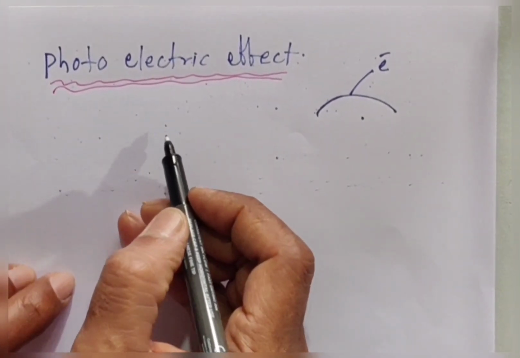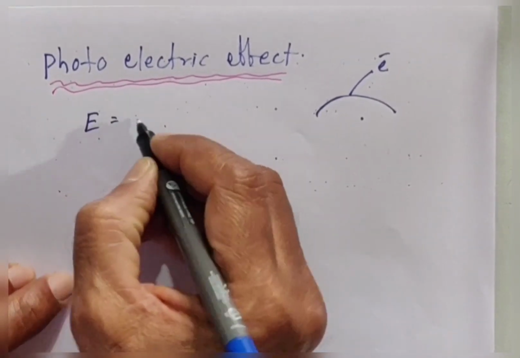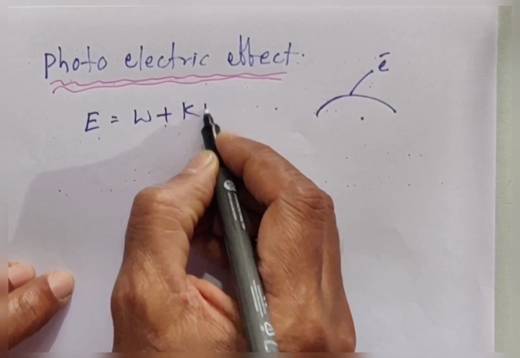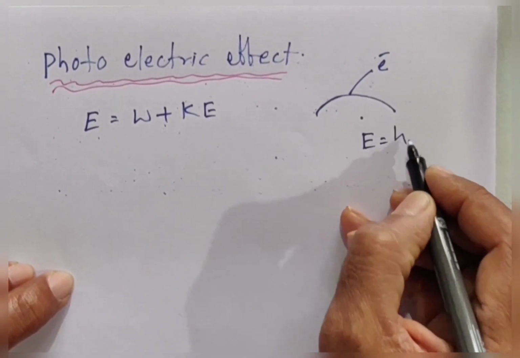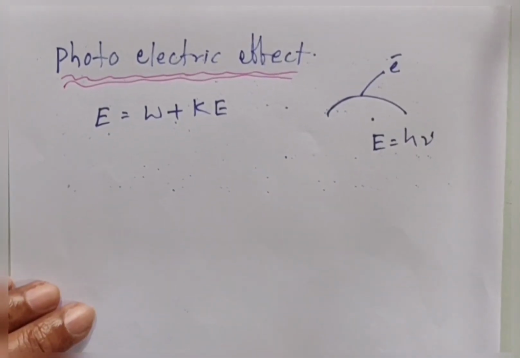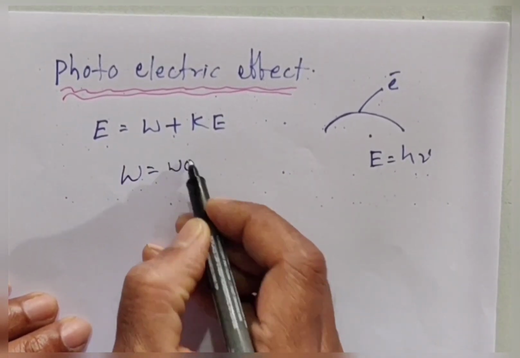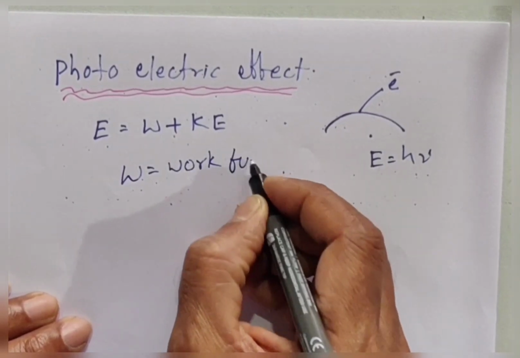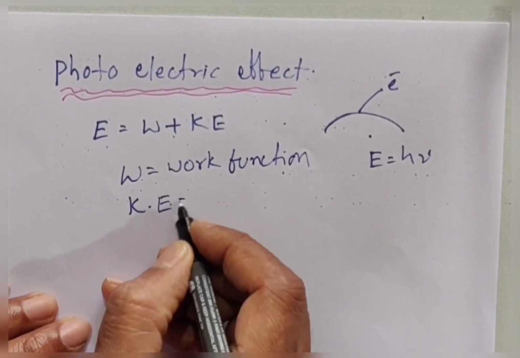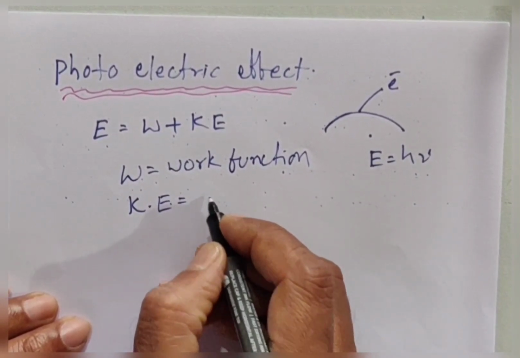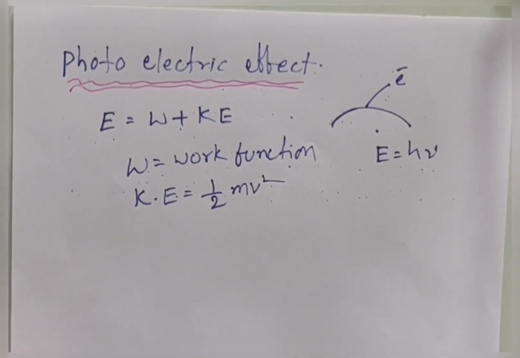Now here we have one mathematical expression to calculate the photoelectric effect. That is E is equal to W plus KE. This photon energy, that is E is equal to h nu, is divided into two parts. One is the work function, W, and another one is kinetic energy, KE, that is half m v square.